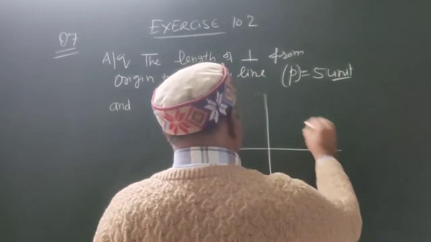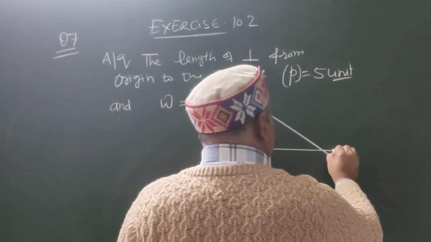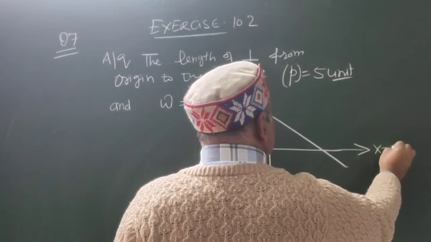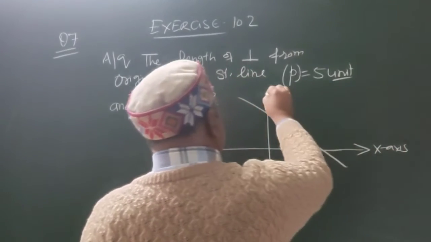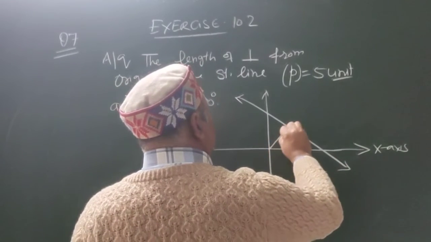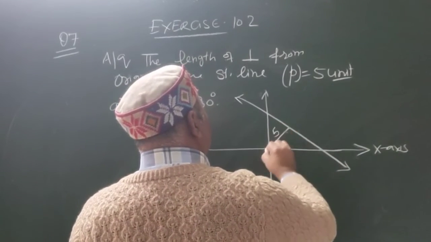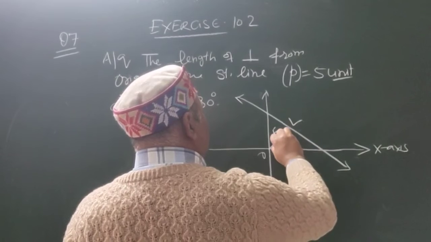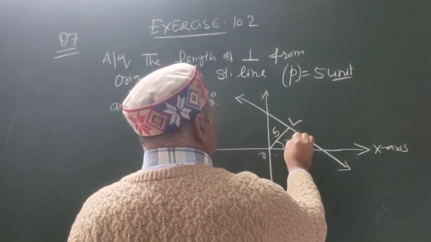Diagram. This is the x-axis, this is the y-axis, and this is the straight line. This OL is 5 and this angle is 30 degrees.